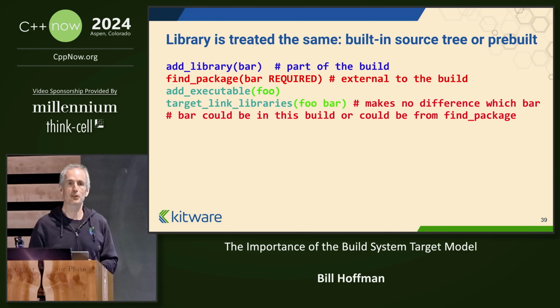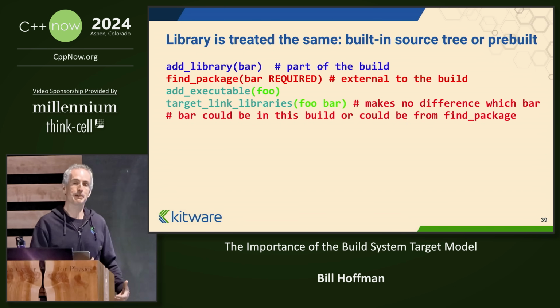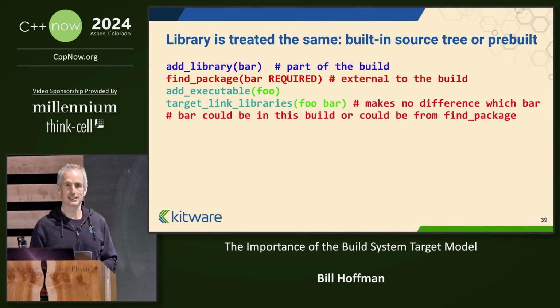You wouldn't want to have both these lines in actual code, but you can do add library bar, or I can do find package bar. But the rest of the code stays the same, and I just say target link libraries bar. So this is the ideal situation where I don't have to care where it's coming from, whether it's part of my build or someone built it externally. So that line of communication is there.